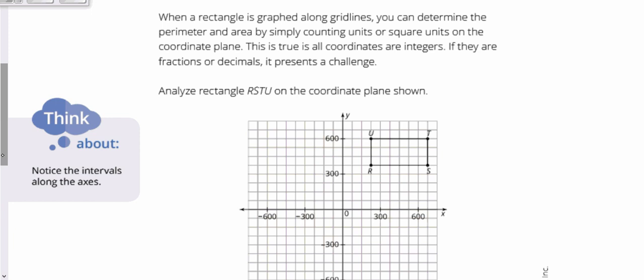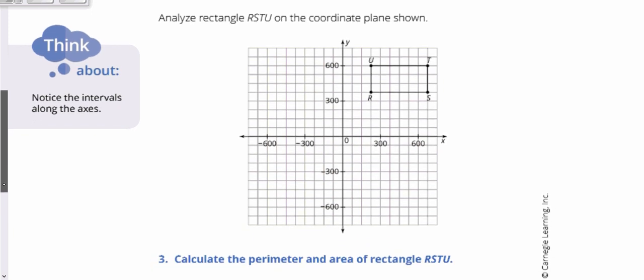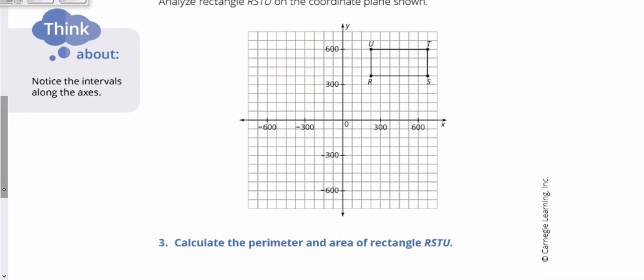Notice here that they've changed the intervals along the axis. It's no longer where 1 square is 1 unit. Now we have 4 squares is 300 units.